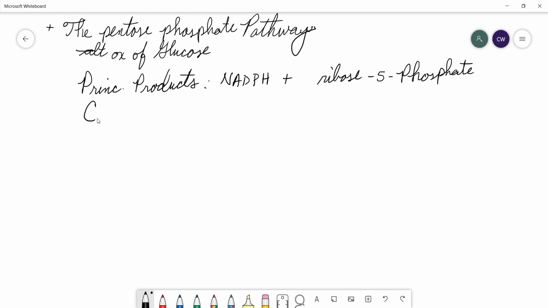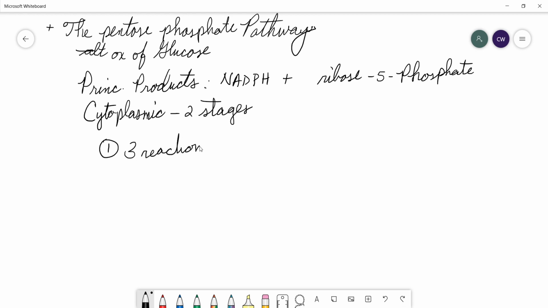It occurs in the cytoplasm. And it's 2 stages. Stage 1 is 3 reactions, and it's the oxidative steps.